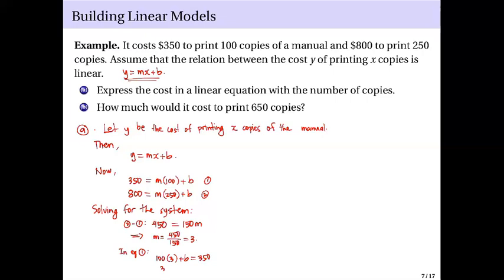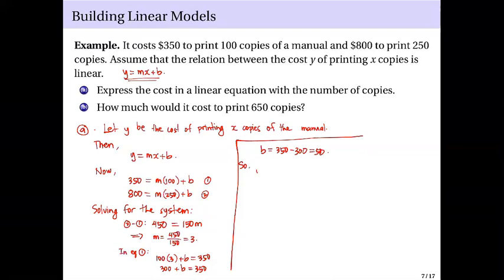Or we have here 300 plus b equals 350, or that b equals 350 minus 300, and this is equal to 50.